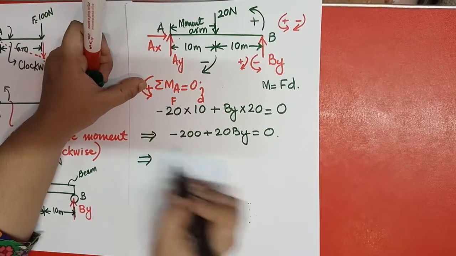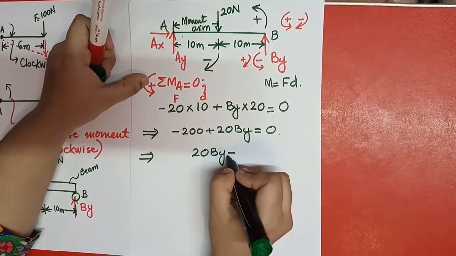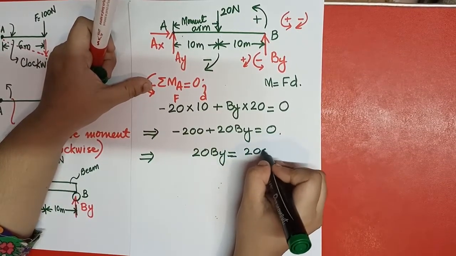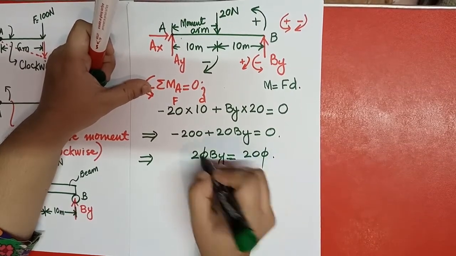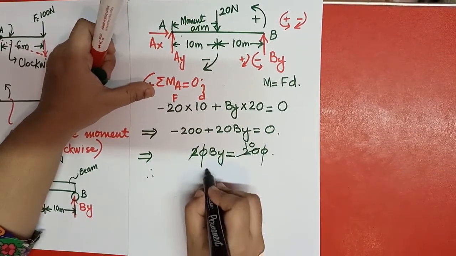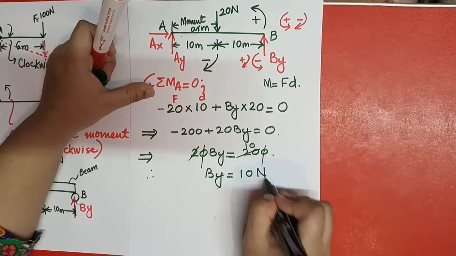So 20 By, and it becomes positive 200 when it goes to the opposite side of the equals sign. The zeros cancel, and 2 ones are 2, so By comes out to be 10 Newton.